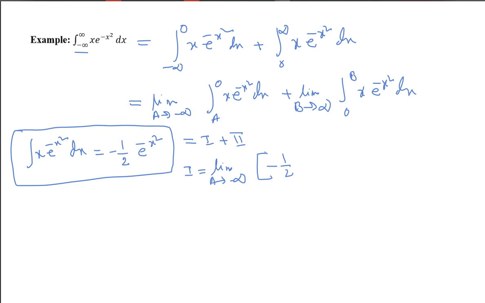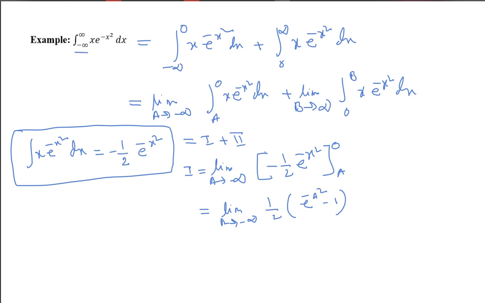That means I will just put minus 1 by 2 e to the power minus x squared from a to 0. That means what will be the value? Limit a tends to minus infinity, 1 by 2 e to the power minus a squared minus 1. Is it correct?